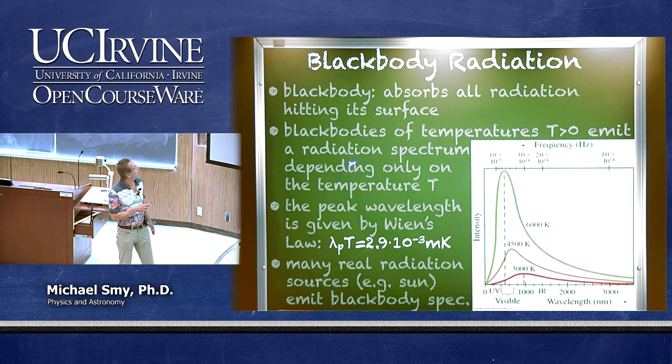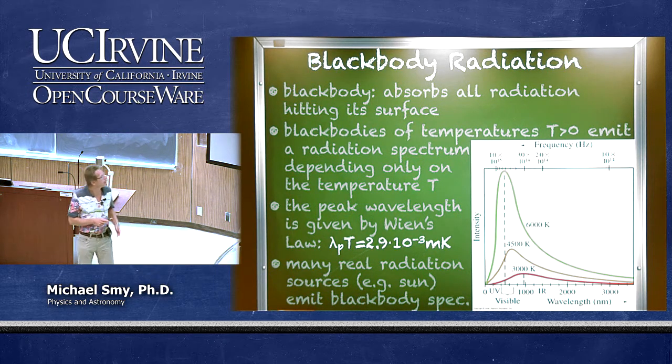So black bodies that have a finite temperature, finite meaning that the temperature is bigger than 0, emit a radiation spectrum. In fact, all black bodies do. And that spectrum depends only on the temperature of the black body.